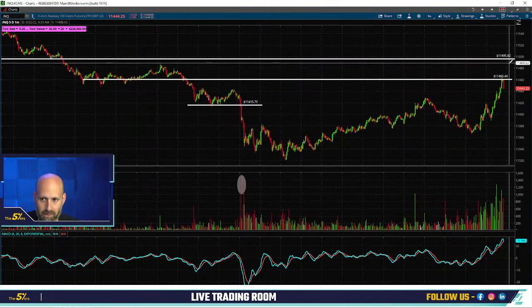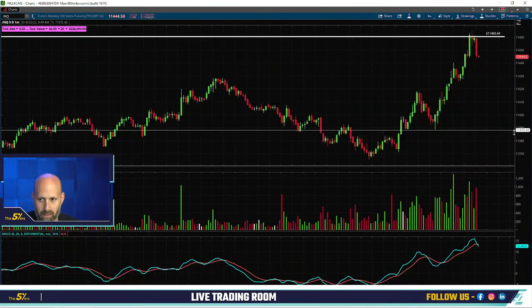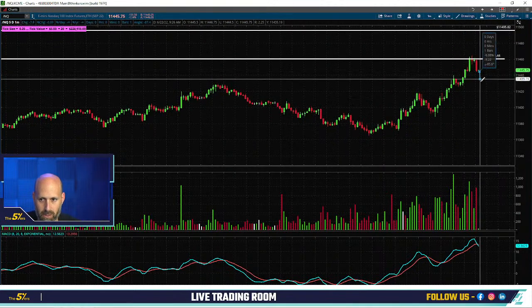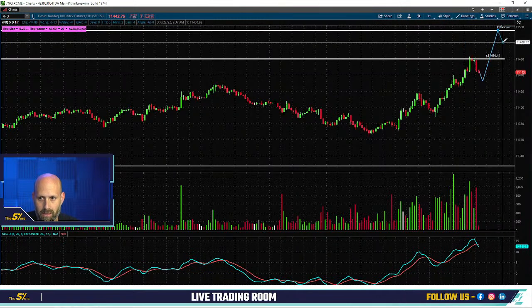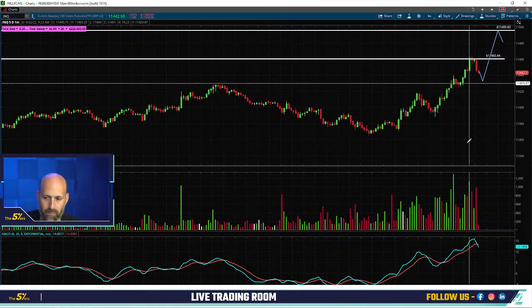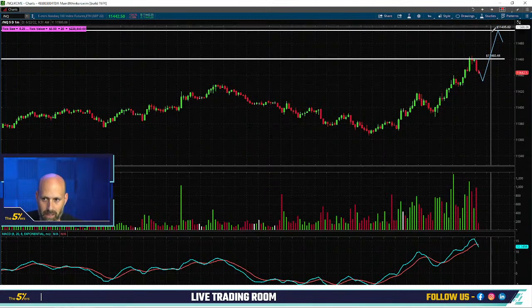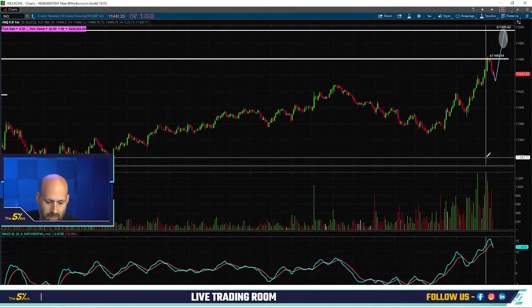I expect it to go maybe even further to this area, because this is a major resistance level, and at the end we should see maybe a drop down to this area, going all the way up to here, and then dropping down again. And what we need to see is high volume coming in right here at the end of the trend.